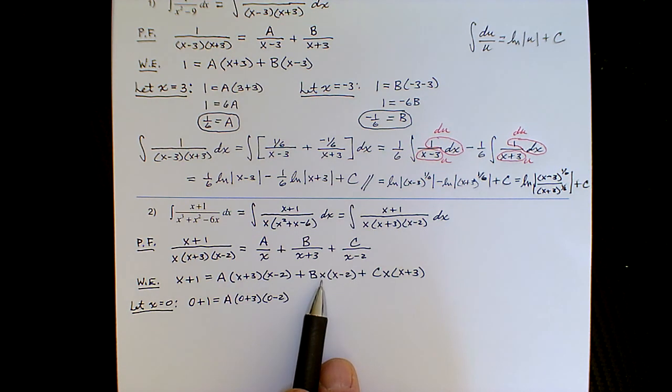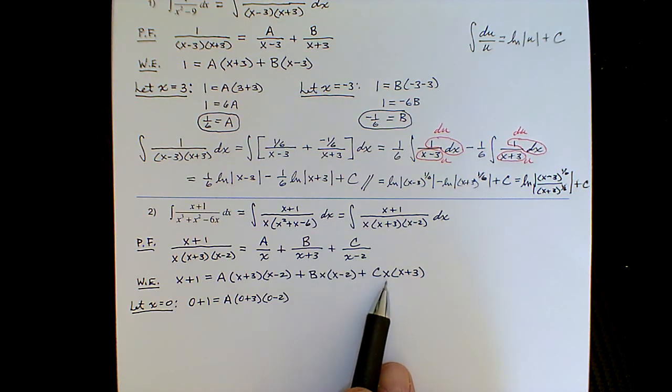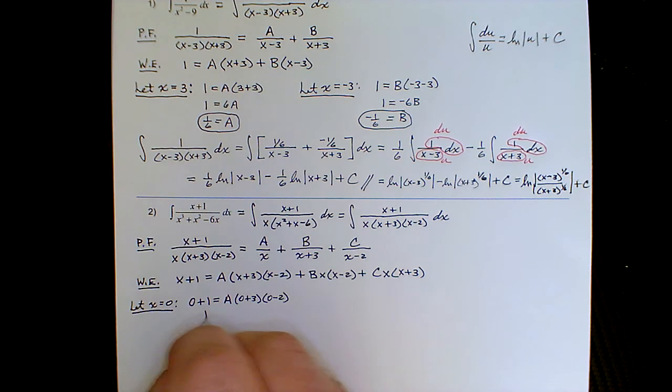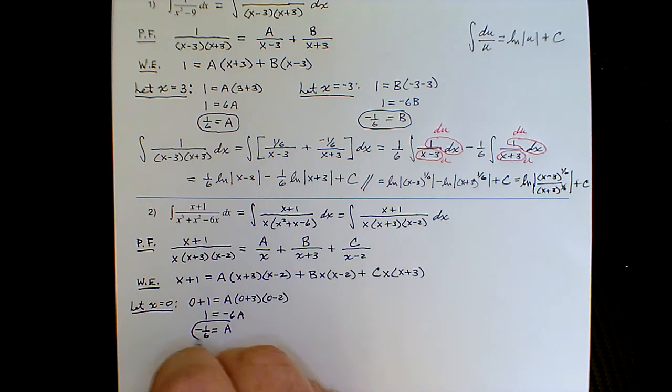No need to show a 0 substituted in for b here, or for x that contains the b, because x is 0, so that term goes to 0, and similarly with the term containing c, that term goes to 0 because x is a factor and x is equal to 0. So we get 1 is equal to, it's like negative 6a, so a is negative 1/6.